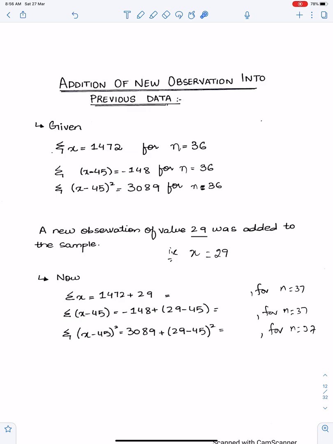And the same way will be used when you need to subtract something from the data. So for subtraction, you must have negative sign here. When you have to add, then put plus sign here. When you need to subtract, what if the question is subtract 29 from the data, then write negative here. And this concept is extremely important.